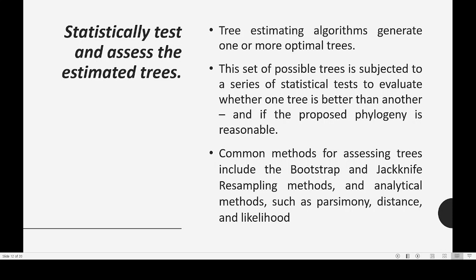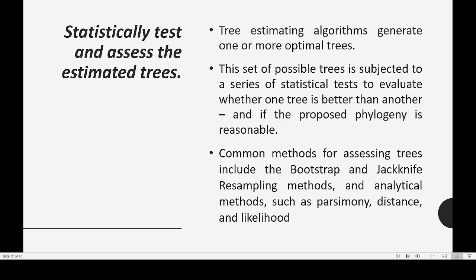The tree estimating algorithm generates one or more optimal trees. So there is software for that, and it will show you two or three trees. Out of the three or four trees, we have to select only one which has more probability, more chance of being real. We select that best tree based on certain statistical methods.